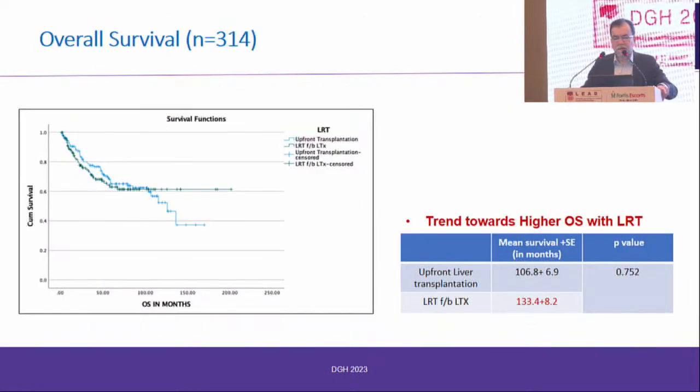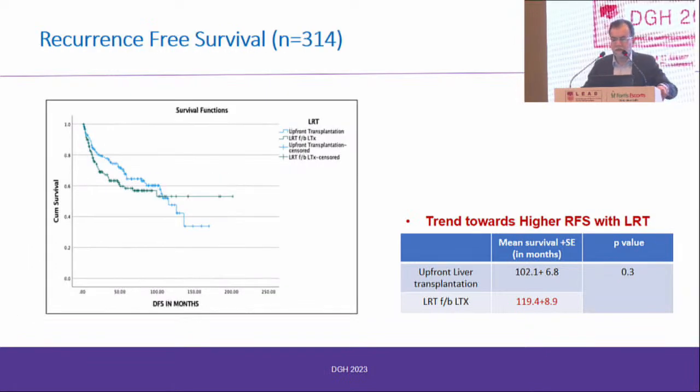If you looked at these overall 314 patients, there was a trend towards higher overall survival in those who had local regional therapy compared to those who did not. Recurrence-free survival also trended higher with local regional therapy.